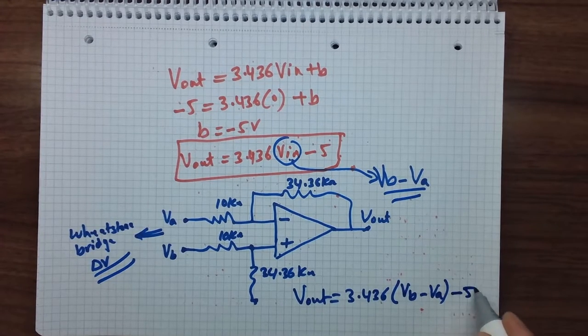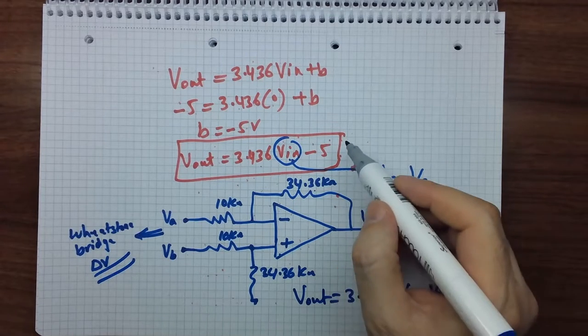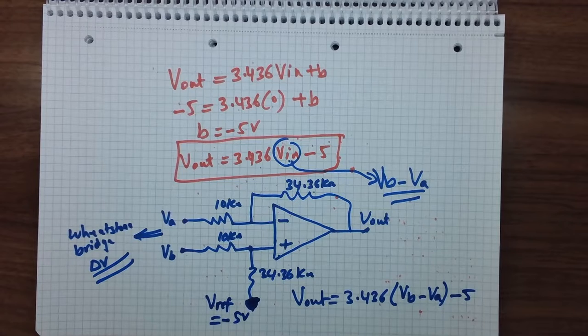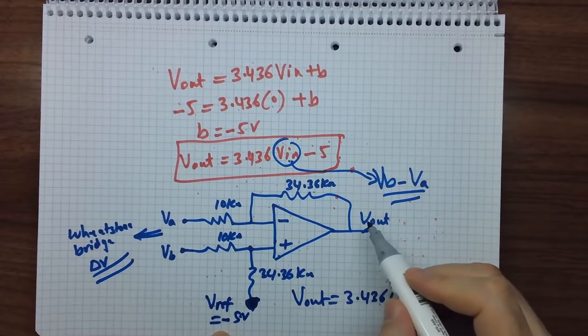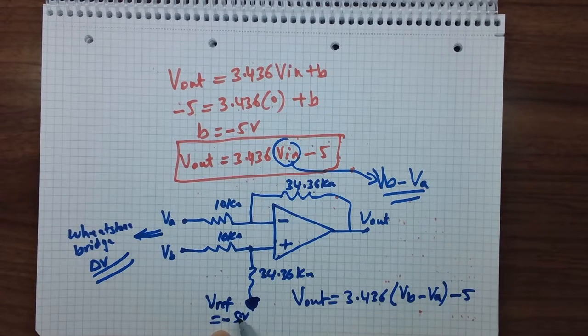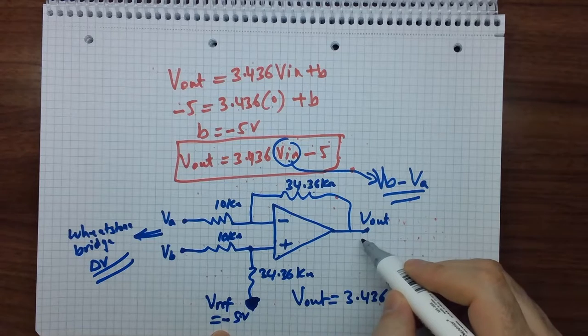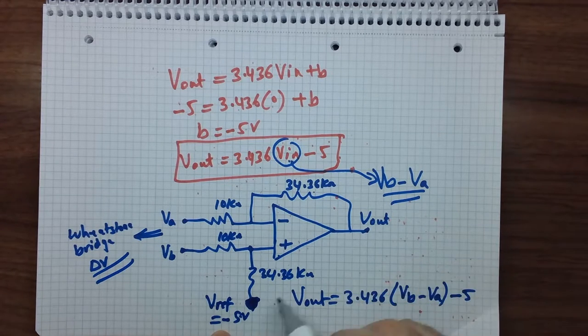minus 5. But from where can we get minus 5? Instead of putting this at ground, we can put a voltage reference, V reference, and this should be equal to minus 5. When you put minus 5 here, it will appear at the output without any multiplication factor, without any gain.